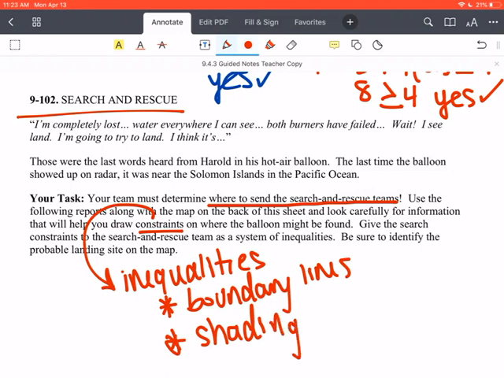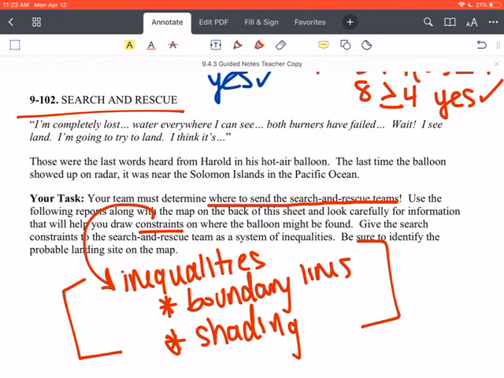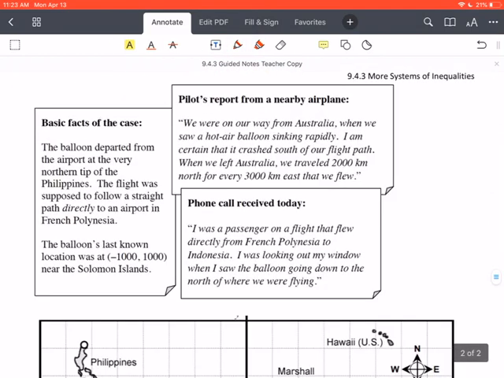That's what we think of when we think of constraints. Then we are going to narrow down and tell the search and rescue team where exactly they should search for this hot air balloon based on the overlap of our inequalities. So let's go to the next page.